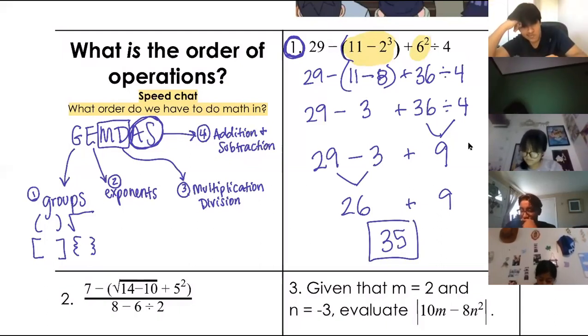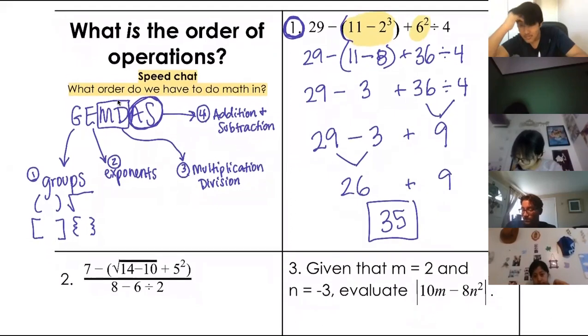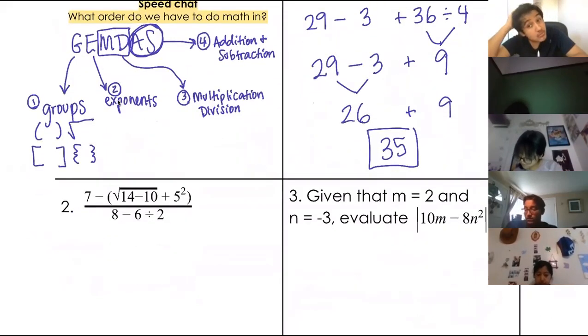Cool. If you have a question, you can go ahead and throw it in the chat or ask me. If you do not have a question, go ahead and copy down number 2 for me. Copy down number 2.